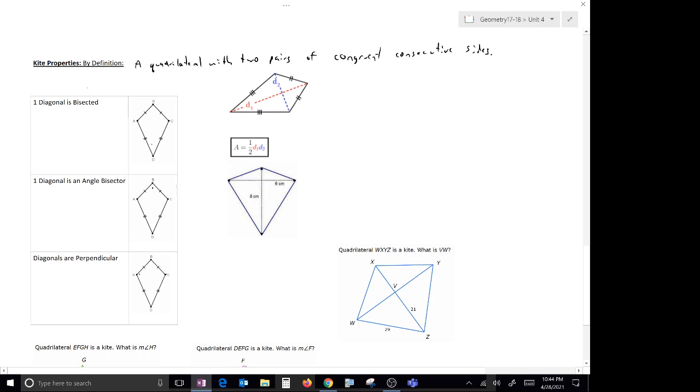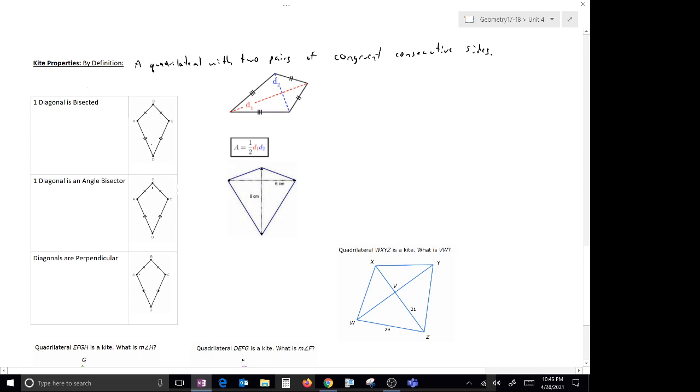So we look up here, these two sides that are right next to each other are congruent. So we have 1, 2 at the top that are congruent, and then down here we have another pair of sides that are congruent, that are right next to each other. So the opposite sides aren't congruent, but the two sides that are right next to each other are.